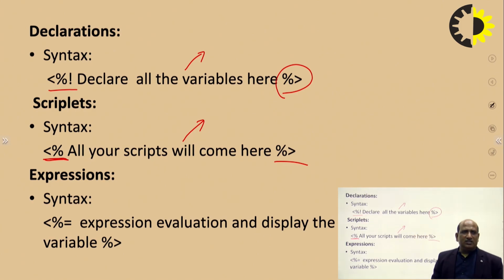The difference is that whatever code you have written in the declaration tag, whenever it is translated into the equivalent servlet, is appended outside the service method of the equivalent servlet. As I have already told you, the servlet executes its life cycle methods: init, service, destroy.